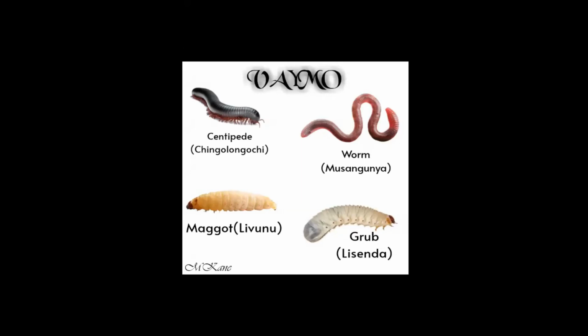So I've got the centipede. We have chingolongochi. I don't know how many people have seen this kind of insect. They are very much available during rain season, as compared to dry season.